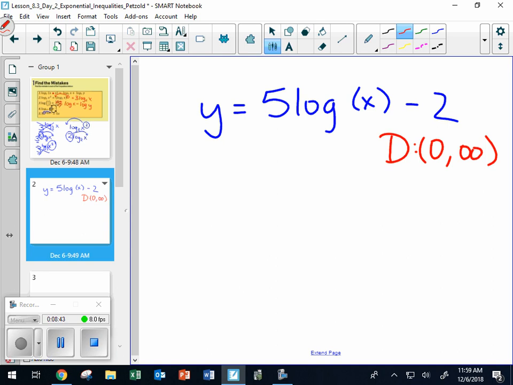What about our range? If I look at this, could I get a negative number for my y? Yeah. Could I get a positive number for my y? Probably. Definitely. Could I get 0 for my y?